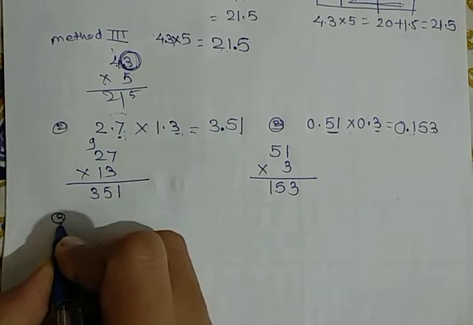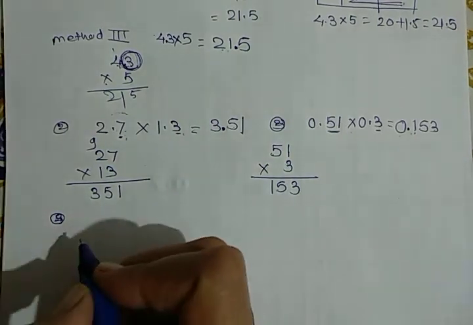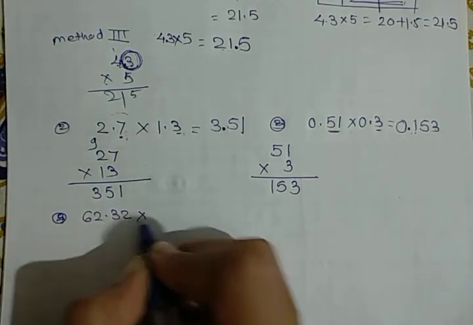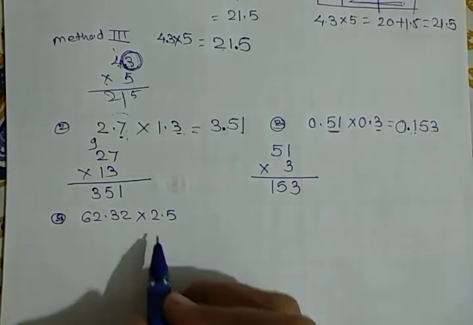See next example. Example number 4. 62.32 multiplied with 2.5.